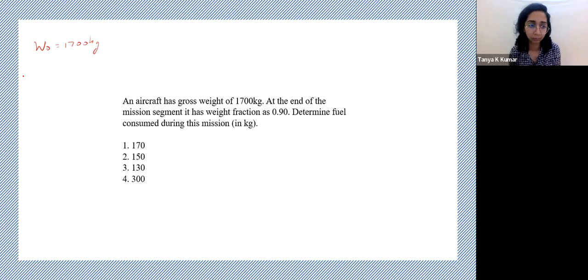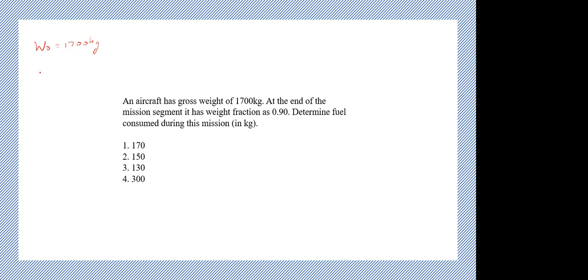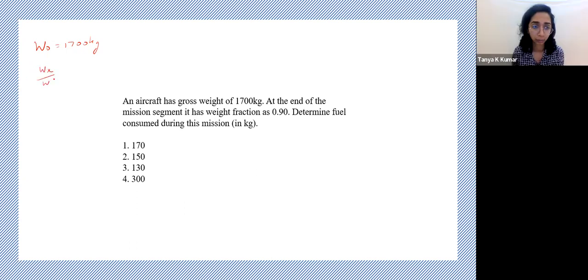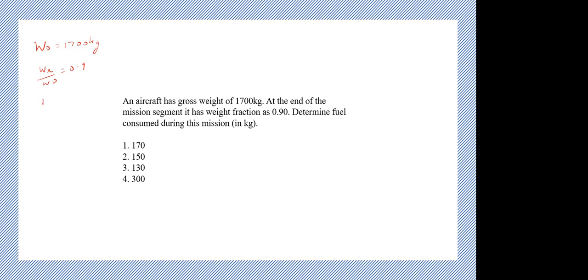Okay, can you tell me the next step? Wx by W naught is given as 0.9. Ma'am, 0.9 is Wx by W naught, na, the mission segment fraction.